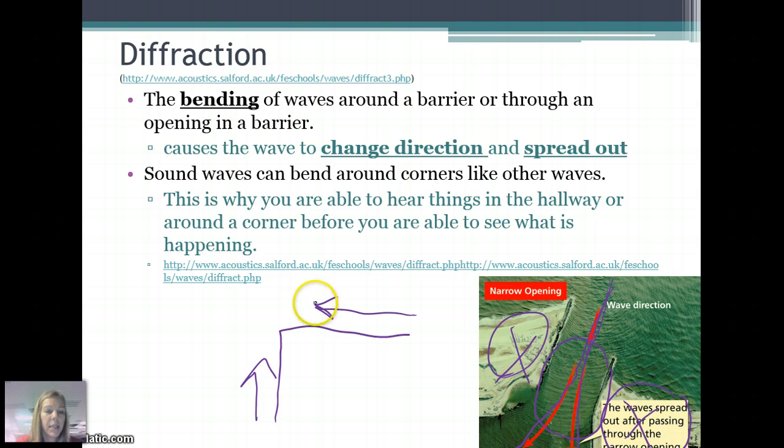The reason is that as the sound wave hits an area where it has to bend around the corner, it's going to spread out, and so you'll get that spreading and bending of sound. You'll hear your friend before you might even see them.